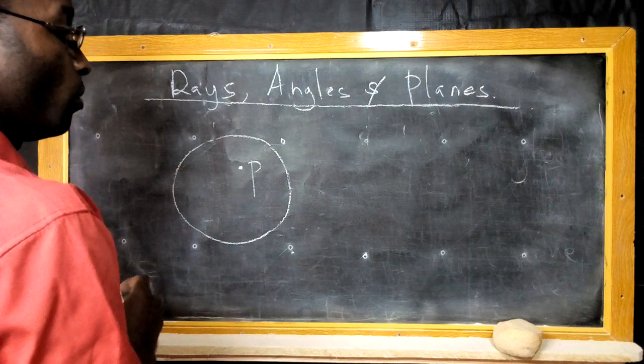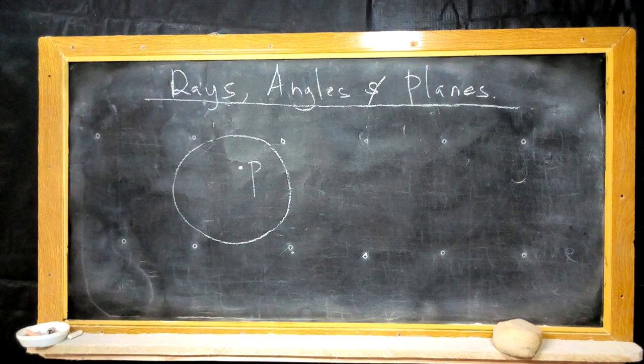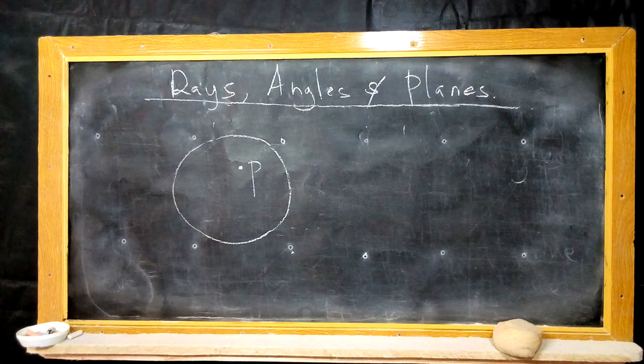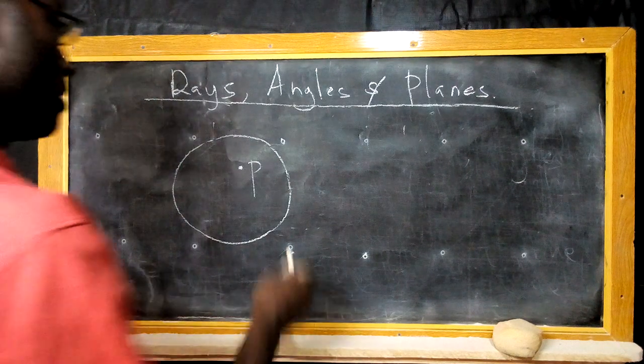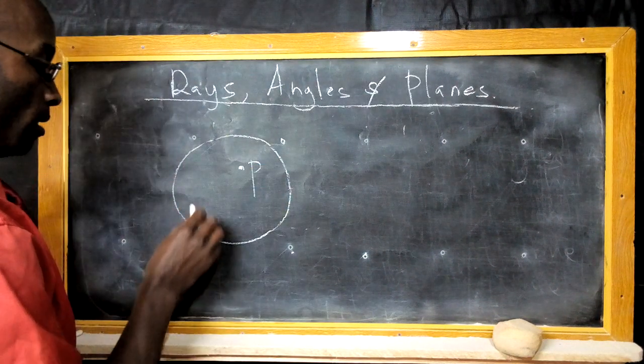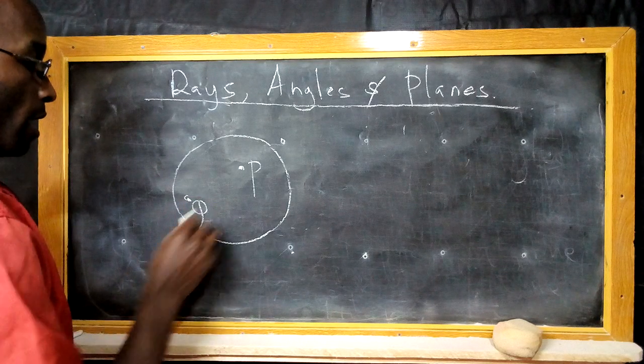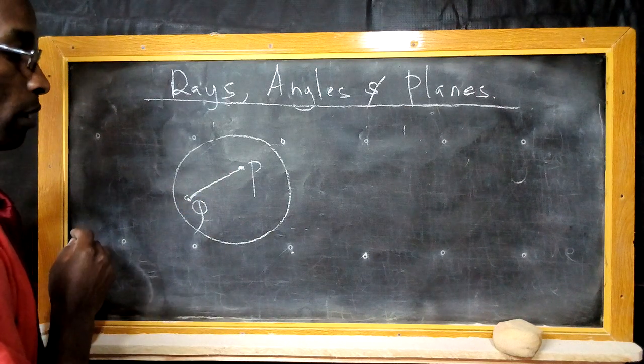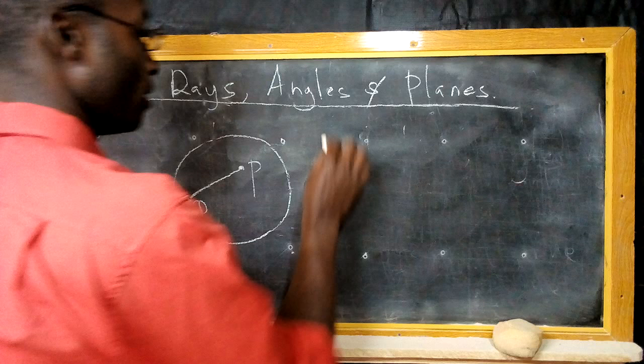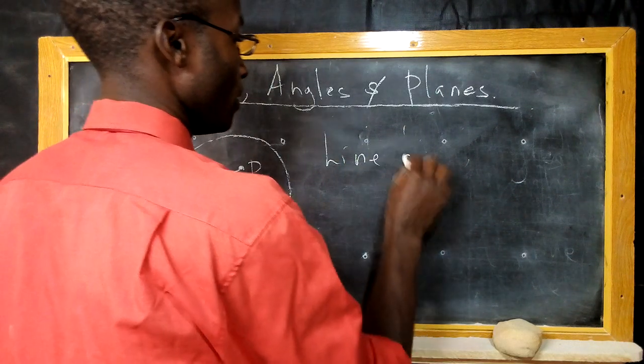Infinitesimally means a very small single location. So we developed from a point and said that suppose we have points P and Q, then the shortest distance between P and Q is what we refer to as a line segment.